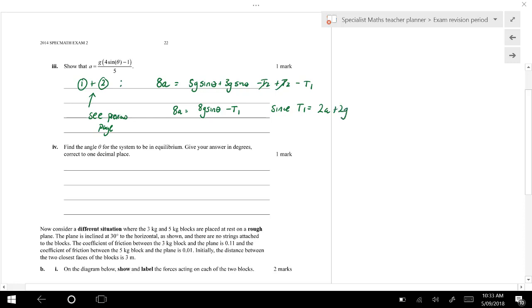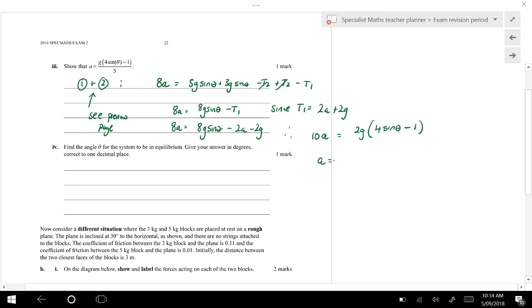Therefore, what we can say is that 8a is equal to 8g sine theta minus 2a minus 2g. So therefore, we can say that 10a is equal to, let's take out my 2g as a common factor, 2g times 4 sine theta minus 1.